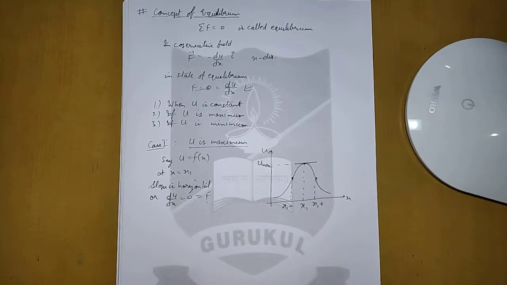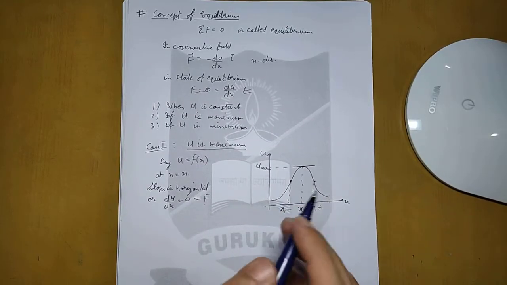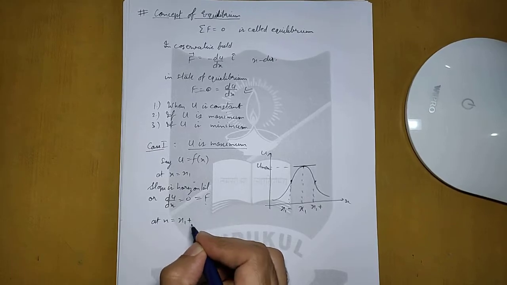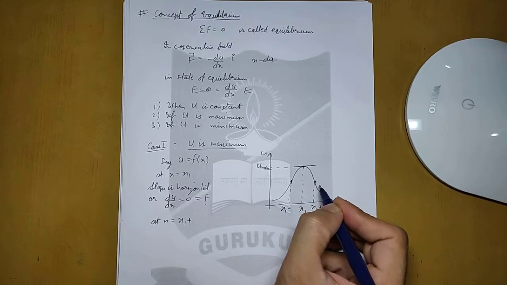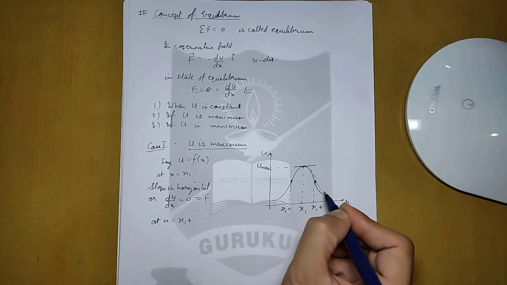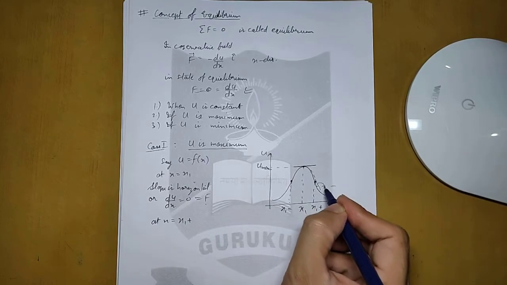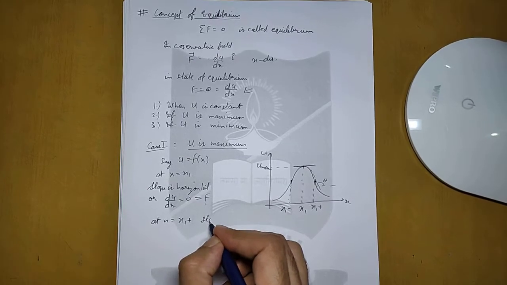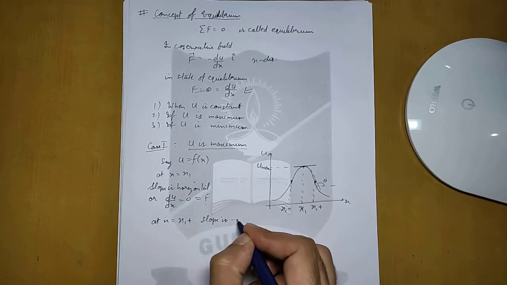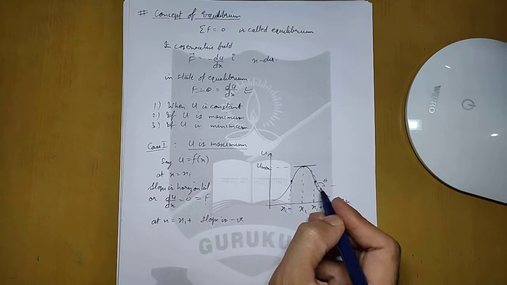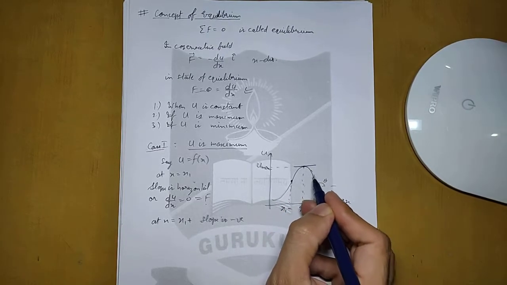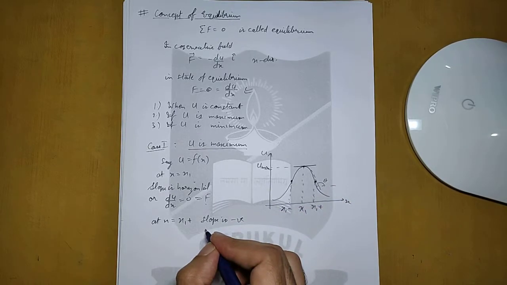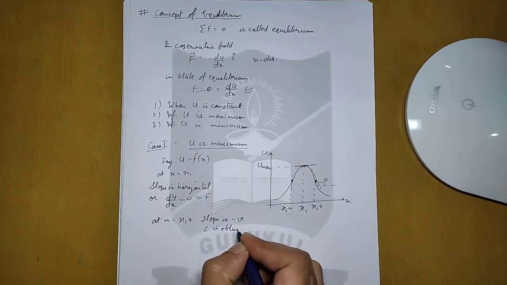Let us first discuss x equals x1 plus. If we find the slope at this point, then this slope will be like this, and it will make an obtuse angle with the horizontal. So at x1 plus, we can say the slope is negative. It is going downward, so it is negative, and also the angle is obtuse.